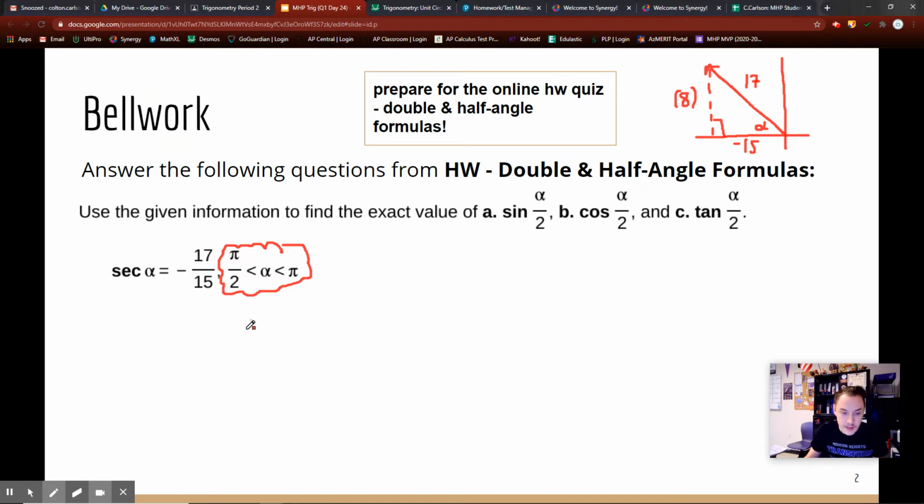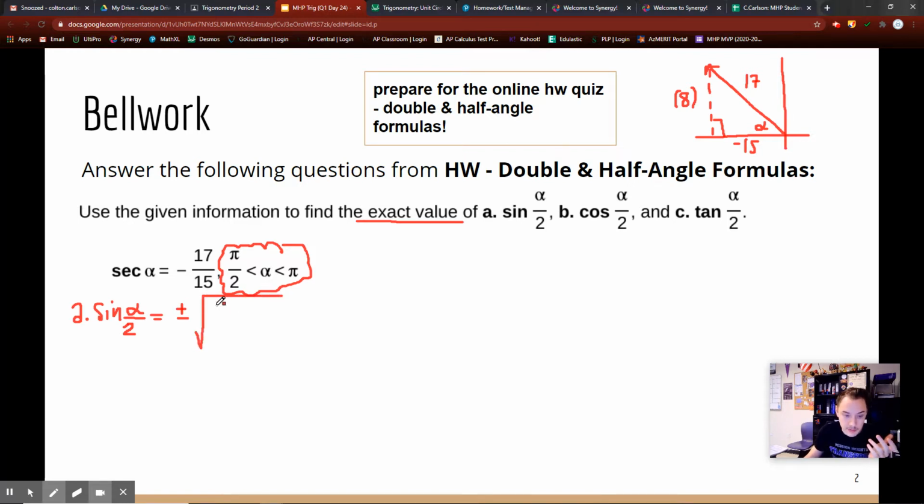First thing I'm going to do is sine over here. So, sine of my half angle. I don't really care what the angle is. I'm just evaluating it. I want to find the exact value. So my formula is going to be plus or minus. We don't really want to put plus or minus in there, but my formula does say plus or minus, so let's give you the whole formula.